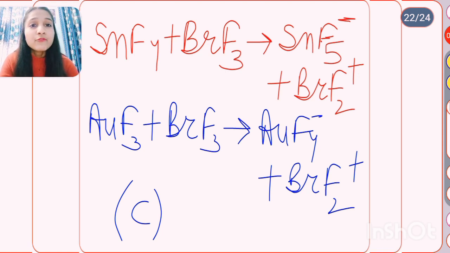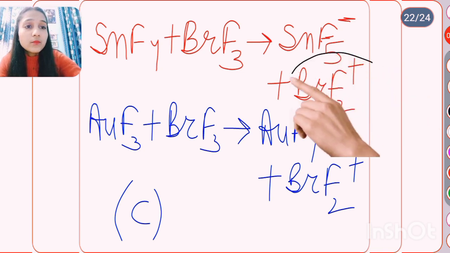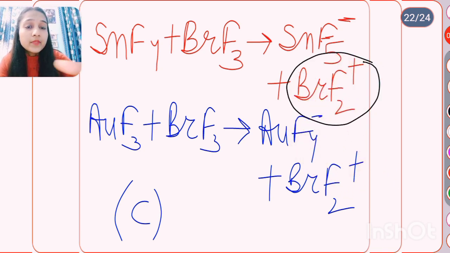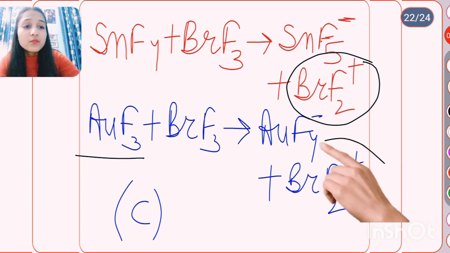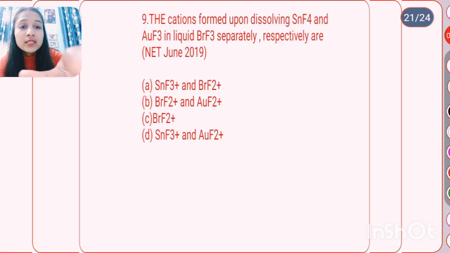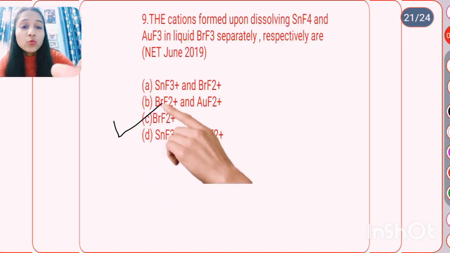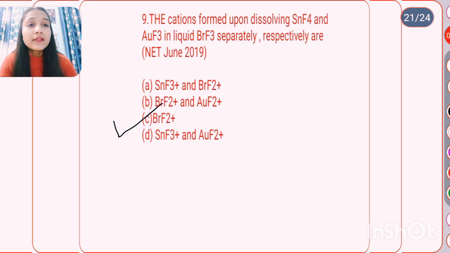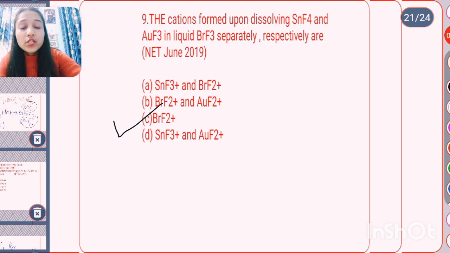Here SnF4 behaves as a Lewis acid and accepts F negative from BrF3, and it comes out with BrF2 positive cation. Similarly, AuF3 accepts F negative from BrF3 and comes out with BrF2 positive cation. So our answer is answer number C. Only BrF2 positive remains as the cation after these two reactions.